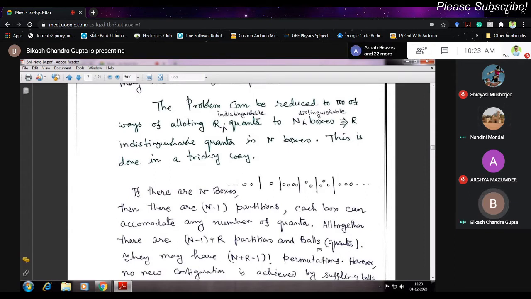No, the quanta are indistinguishable, not the oscillators. You are distributing indistinguishable particles. See, the oscillator is different and quanta are different.